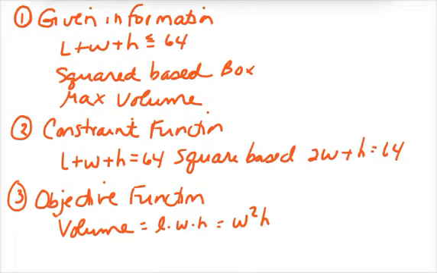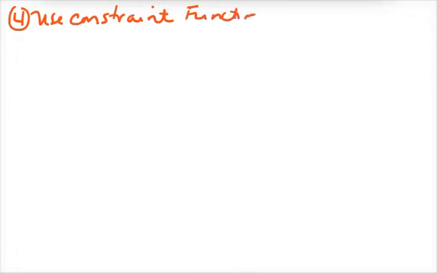The next step is that you wanted to use the constraint function. So our next step is to use the constraint function to get the objective function in terms of one variable.